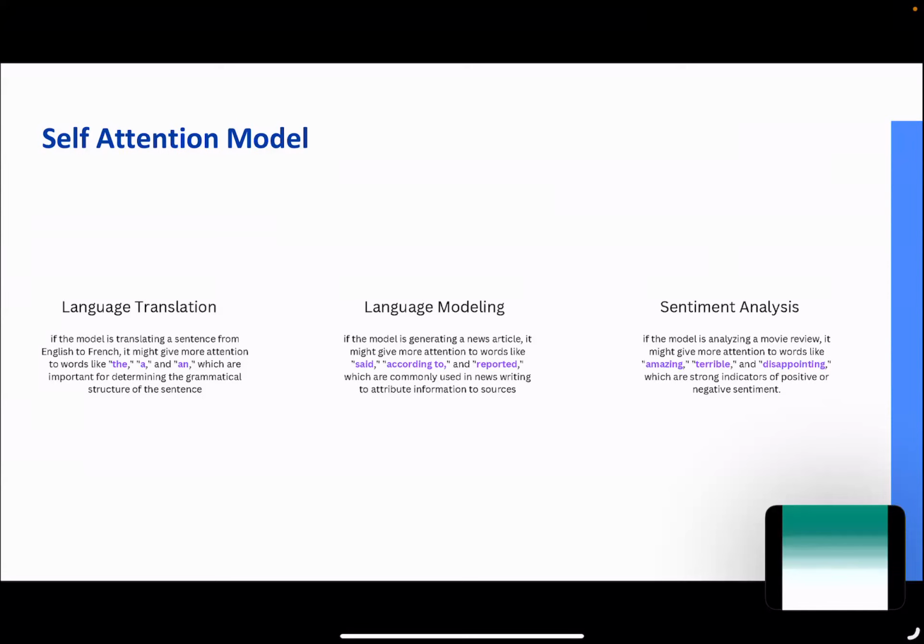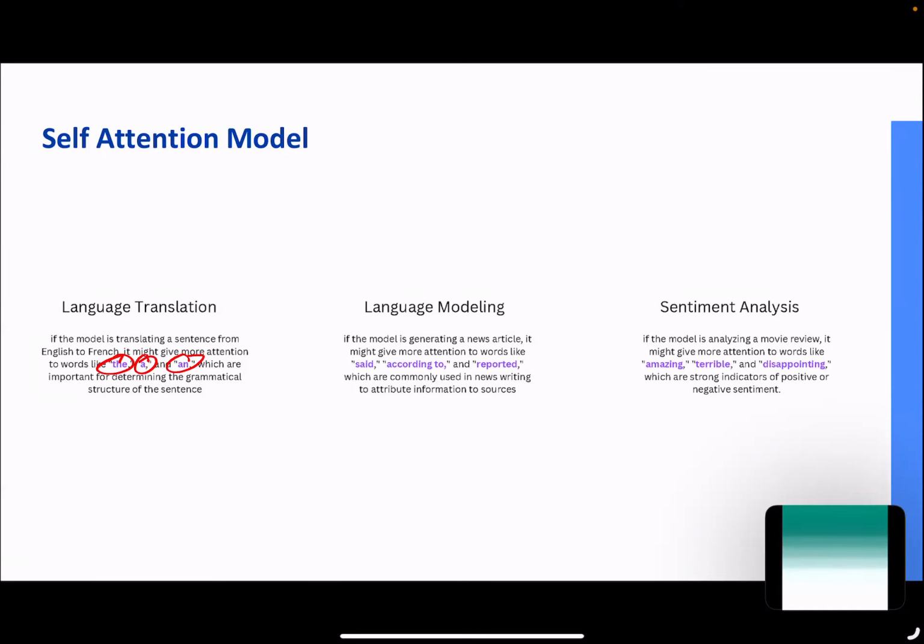What the model will do is automatically try to emphasize specific words that are more important for doing translation, like the, a, and, as you can see in this example.